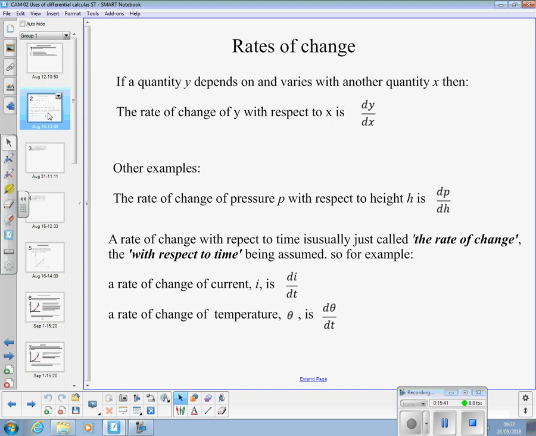A rate of change with respect to time is usually just called the rate of change, so time is assumed there. The rate of change of current, i, is di by dt. So current changes over time, di by dt. Rate of change of temperature, d theta by dt, for instance. They're just examples. When we start to bring in a practical problem, they're not always going to be dy by dx, but the methods remain the same.